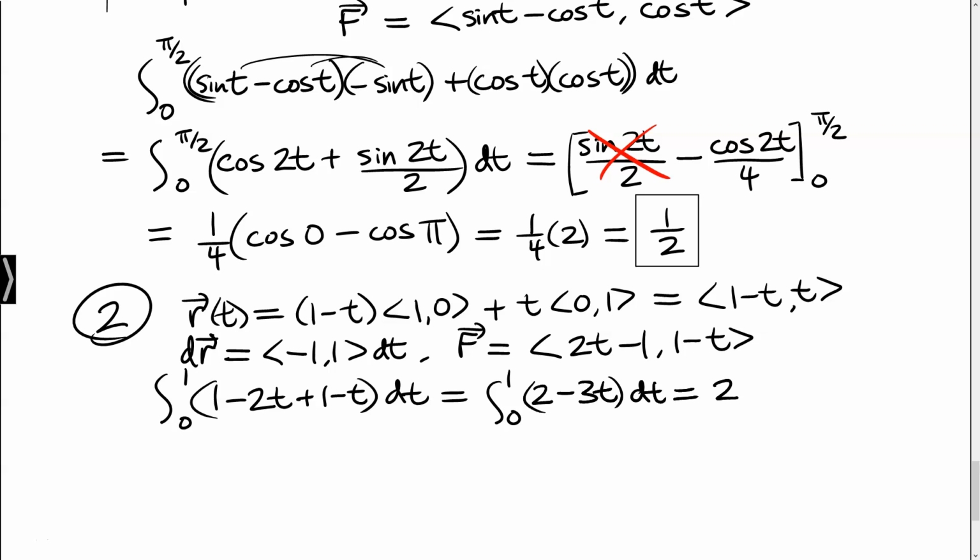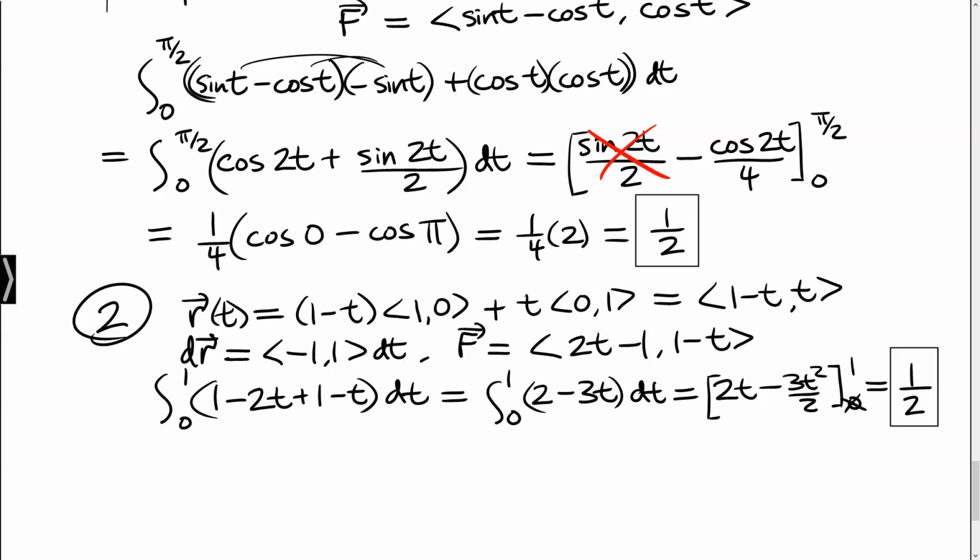So 2t minus 3t squared over 2 from 0 to 1. So that's 2 minus 3 halves, also 1 half. So again, the same 1 half that we got taking the first path.